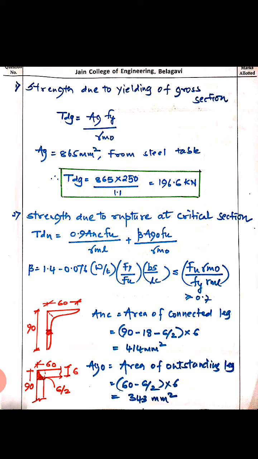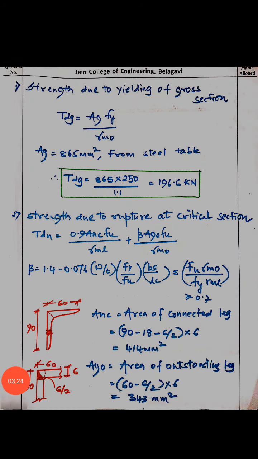So we know that the design tensile strength of the member is the least of the yield strength, fracture, cross section yielding, net section fracture and block shear. It is categorized in 3 sections. So we will calculate one by one. The first one is strength due to yielding of the cross section.